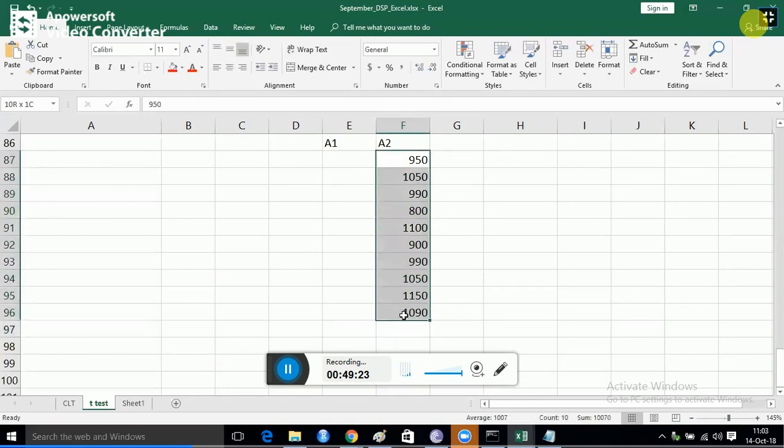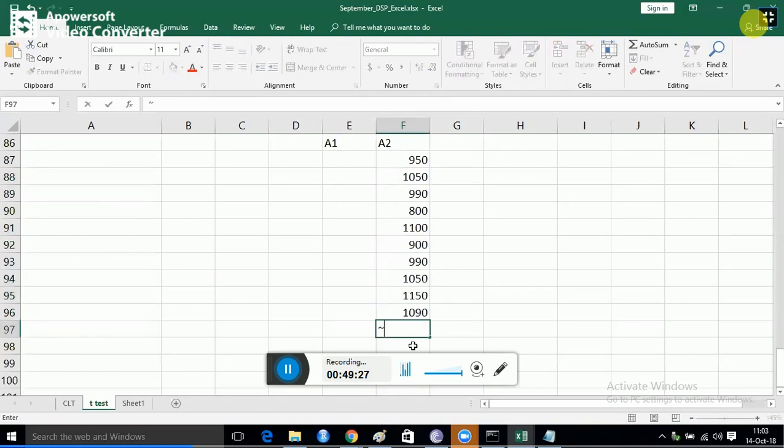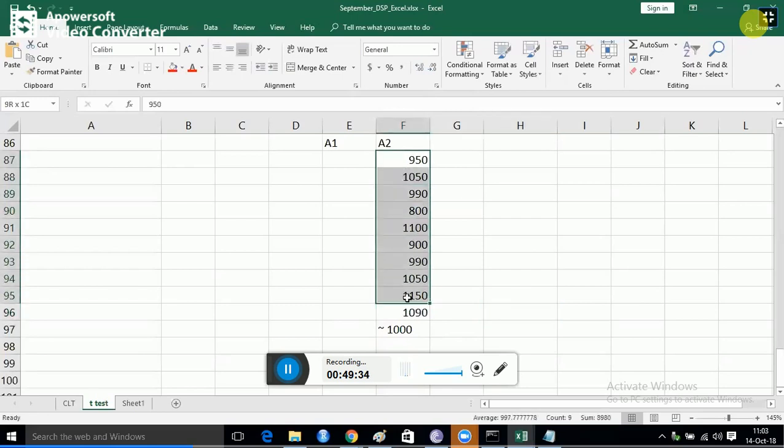How many values have I taken? 10. The average is close to 1,000. So I've taken a group of customers, and these are their monthly spends, and this entire group average is close to 1,000.